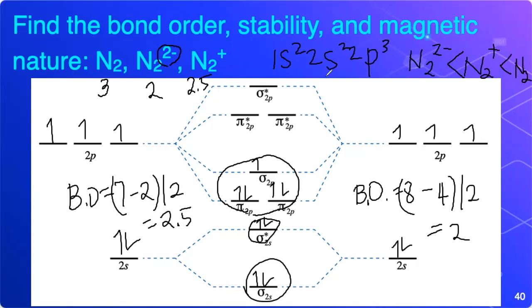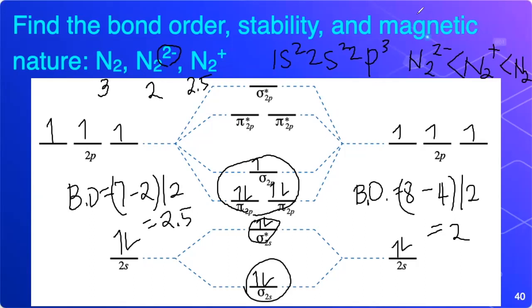Okay. This is according to increasing bond order. So this means that the most stable of the three is N2. The least stable is N2 negative. Stability is directly proportional to bond order. So the higher the bond order, the more stable the molecule is.